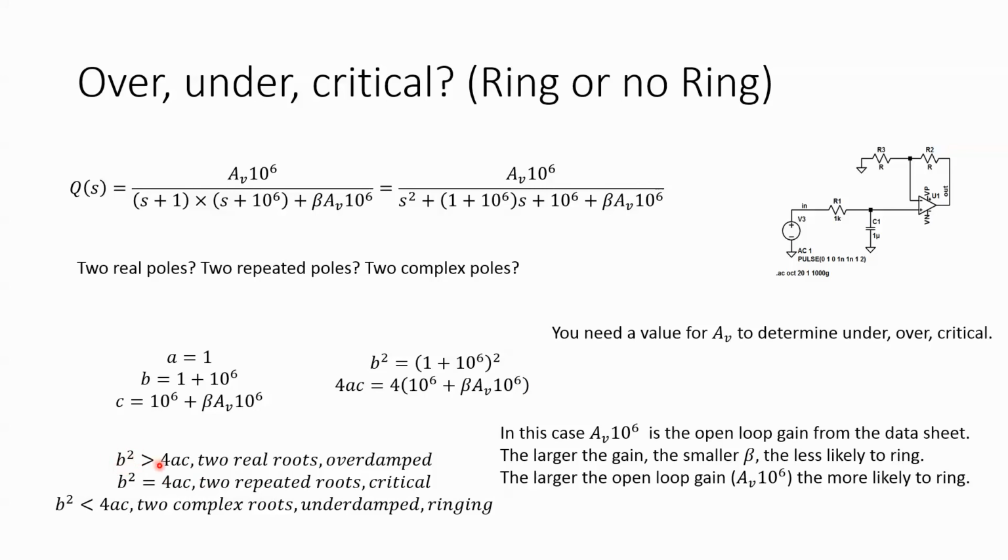If B squared is greater than 4AC, then the roots will be real and distinct. If it's equal to that, the roots will be real and repeated. And if this term is less than this term, we'll have two complex roots, which is underdamped, which can cause ringing. Now, in this case, this AV 10 to the 6 would be the open loop gain that you could get from the data sheet.